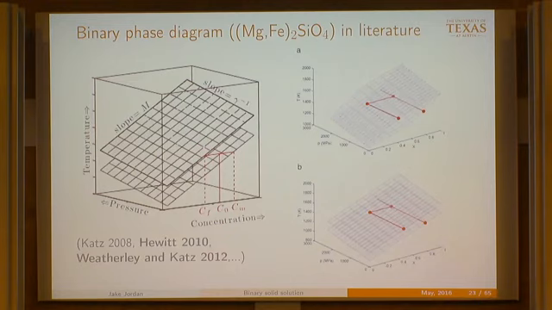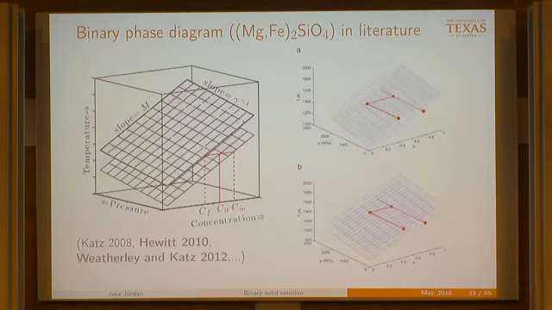And this here, where I showed that fusible enclave breaking up into heterogeneities from the Weatherley and Katz model, this is what they use, and they use two parallel linear planes to calculate, given some concentration, pressure, and temperature, what should be on the liquidus and what should be on the solidus.